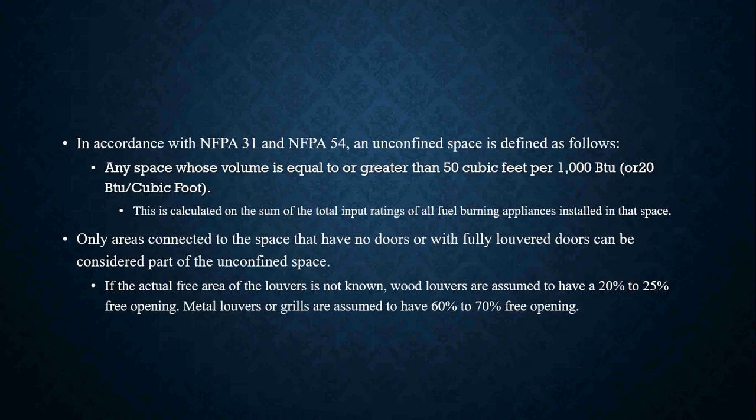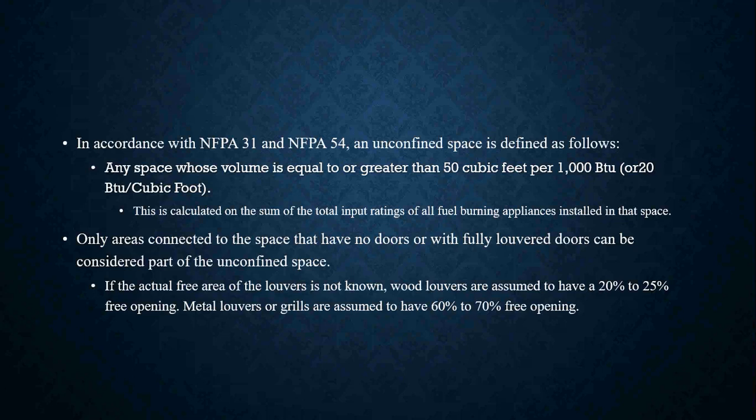In accordance with NFPA 31 and NFPA 54, an unconfined space is defined as any space whose volume is equal to or greater than 50 cubic feet per 1,000 BTUs, or 20 BTUs per cubic foot.